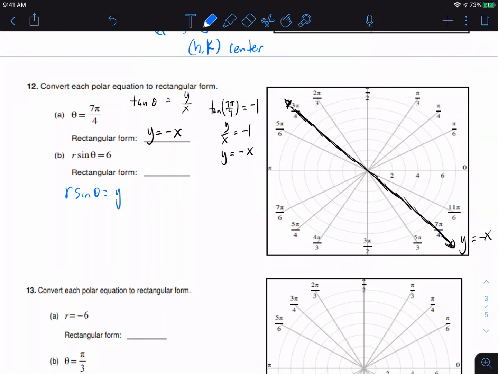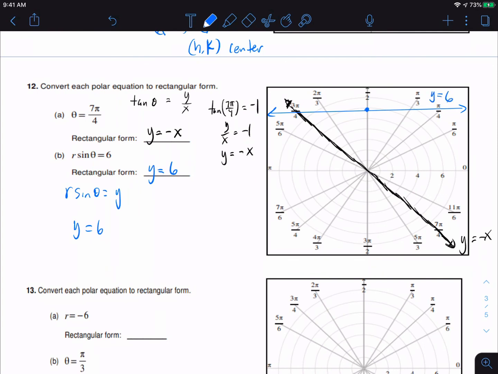So in our problem, y is equal to 6. So that is this equation. Y is equal to 6. And so I'm going to go 2, 4, 6. This is 6 right here. And my equation is going to be, oh, that's janky. It's going to be this horizontal line. That is y equal to 6.